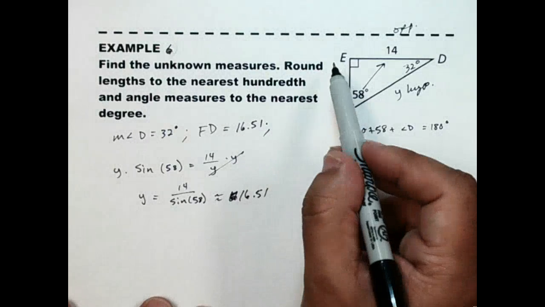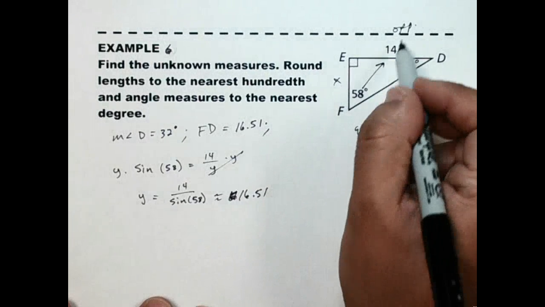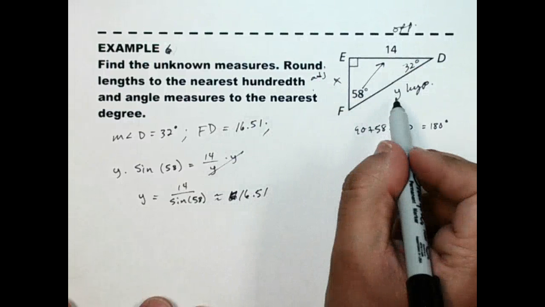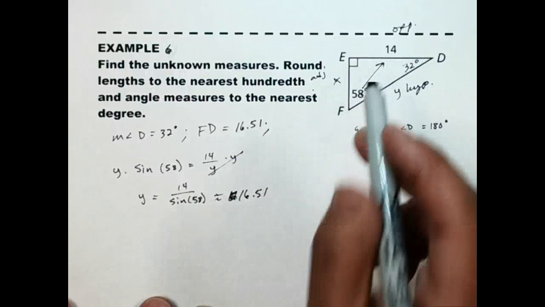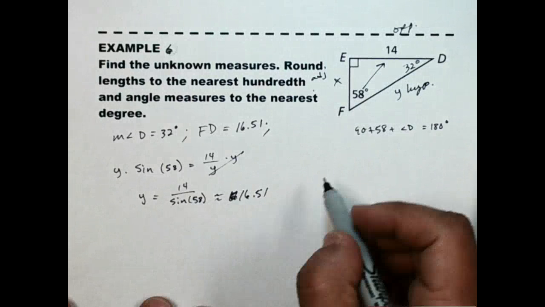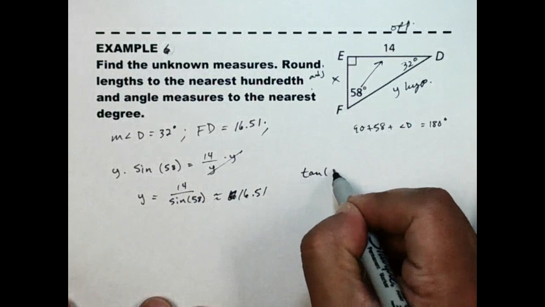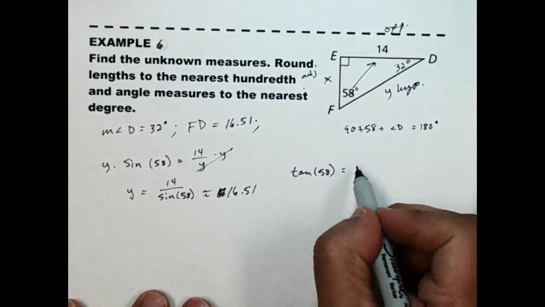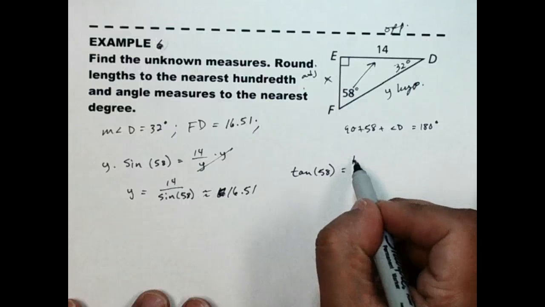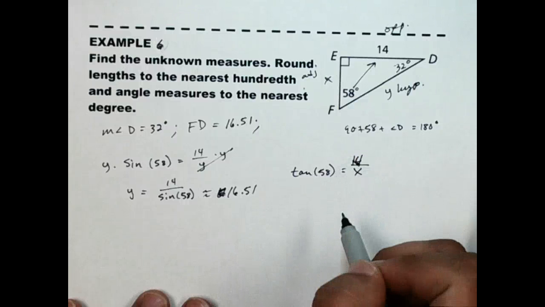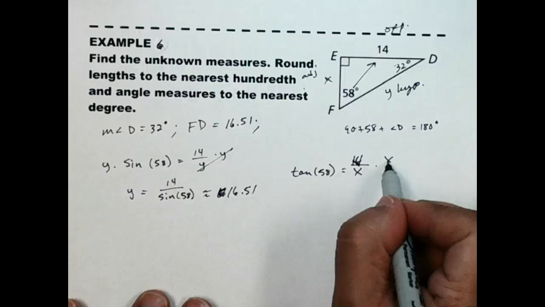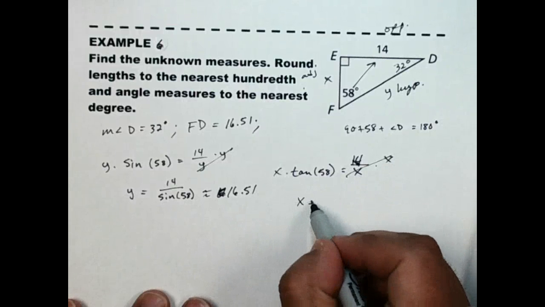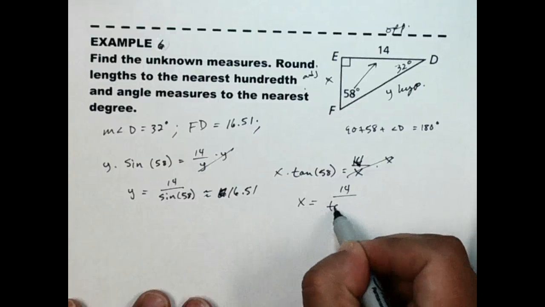All right, and I'm going to do the same thing with the X. So if this is opposite, X is going to be adjacent. So I'm looking at adjacent and opposite, that's going to be tangent. So the tangent of 58 is equal to 14 over X. Multiply both sides by X. And then X is going to be equal to 14 divided by the tangent of 58.